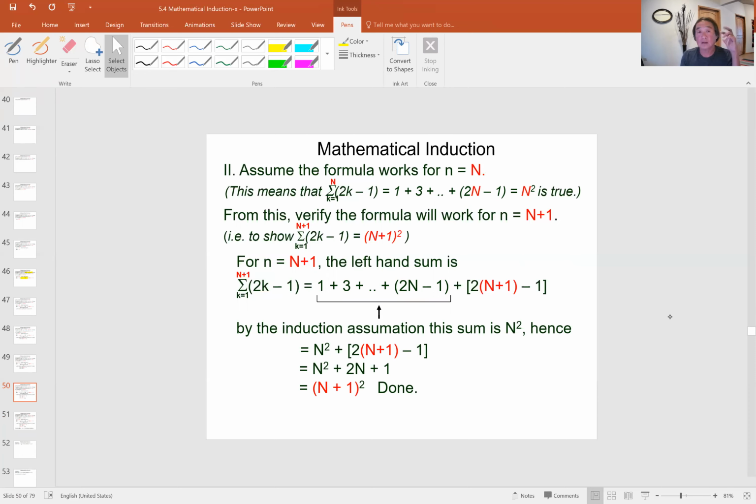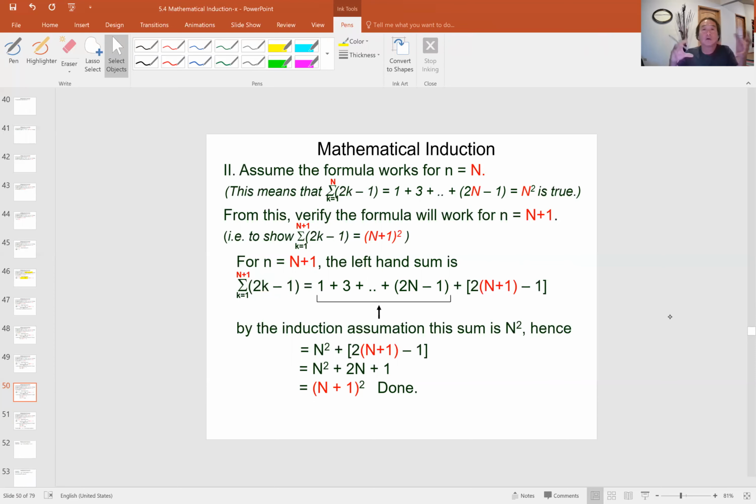Okay. So two parts: you have to first demonstrate that the first statement of the problem is true. Then you have to assume the pattern up to n. Then you have to write out a formula for n plus 1. Then you apply the induction hypothesis for the first n of them, plus the new one.